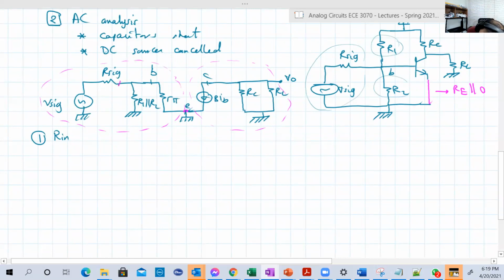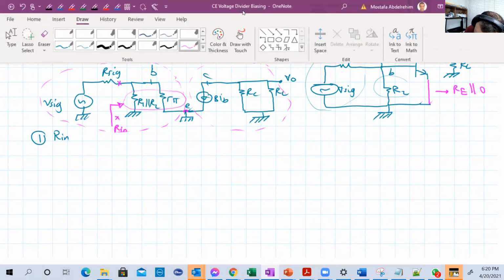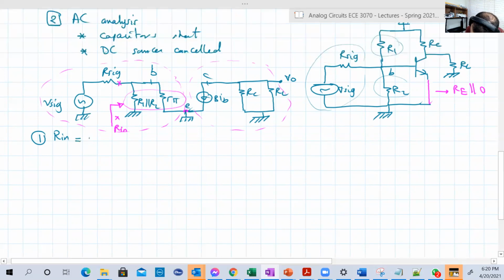So when we get our input, which is between the input terminals, the input signal is V signal and the internal resistance R signal. So you just see these two resistors in parallel. Our input basically equals R1 parallel R2 parallel with R pi.